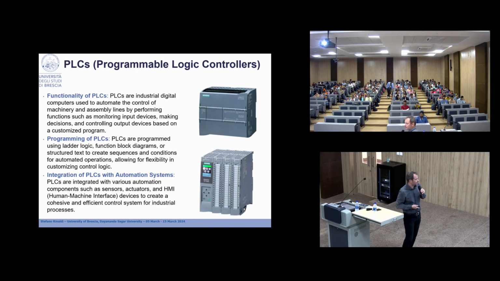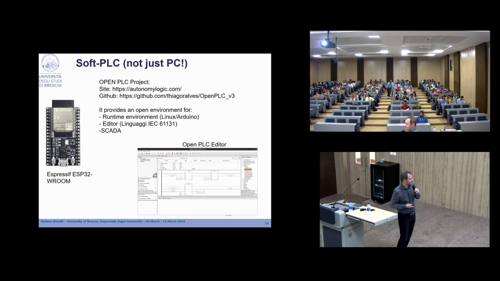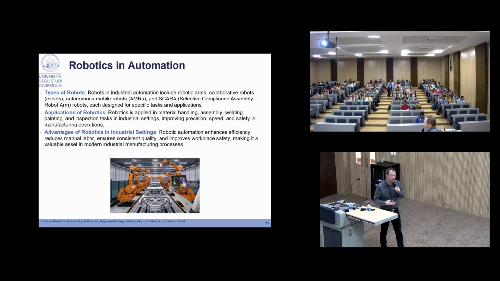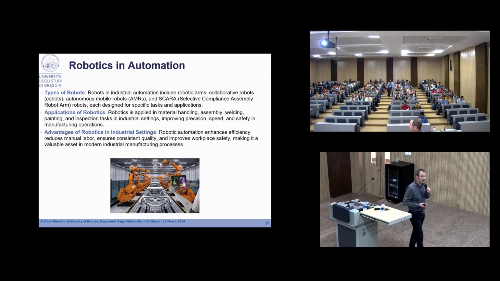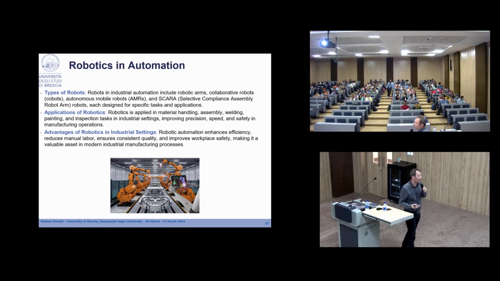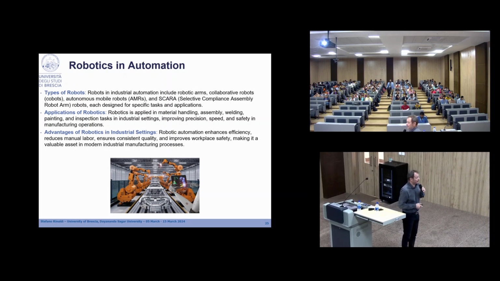Okay. So robots are very common in industrial automation, but are hard to integrate in the pyramid I mentioned before. So they are treated as a separate component inside the industrial plants.